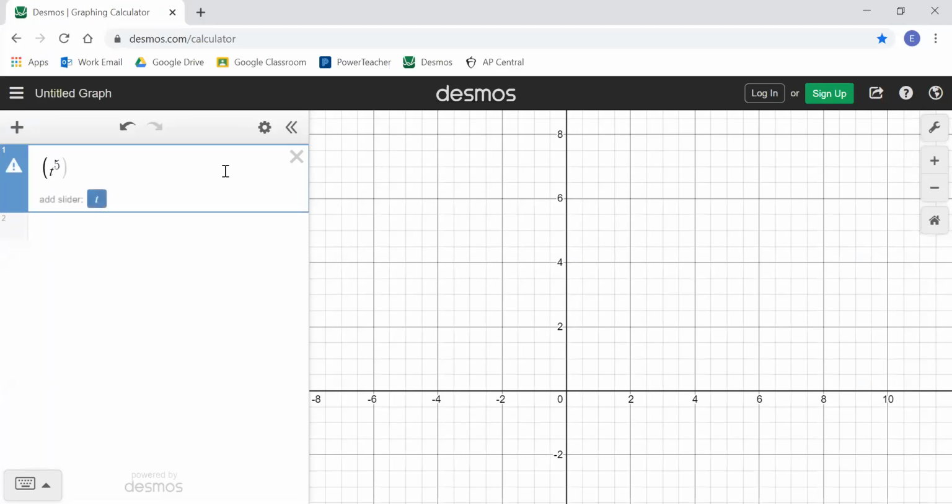t to the fifth minus 4t cubed, and just t squared for the other part.